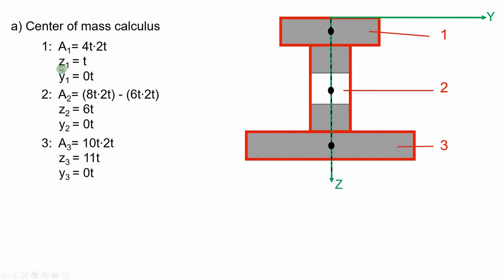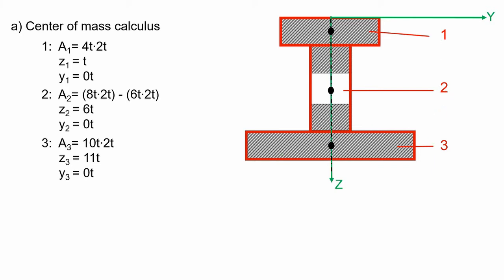Here every z is the distance between the y-axis of the entire cross-section and the center of mass of rectangle 1, 2, or 3, and every y is the distance between the z-axis of the entire cross-section and the center of mass of every rectangle.